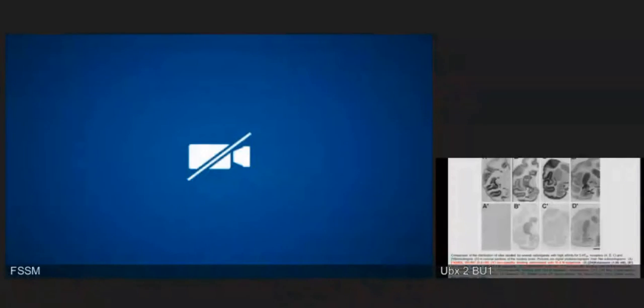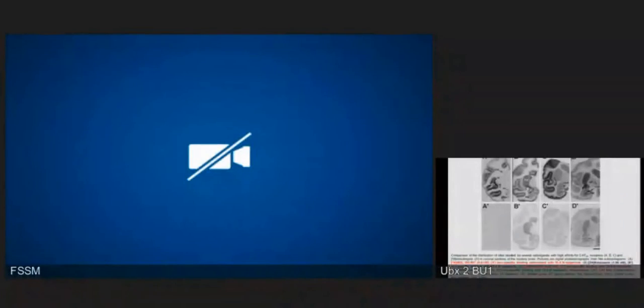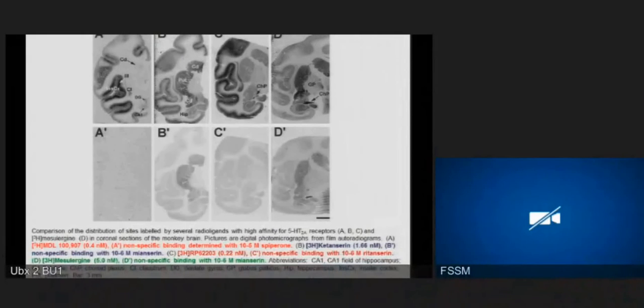We have some non-specific binding. Okay. So you would use MDL for your experiment. Yes, teacher. Okay, so you are a rich man, but I agree.